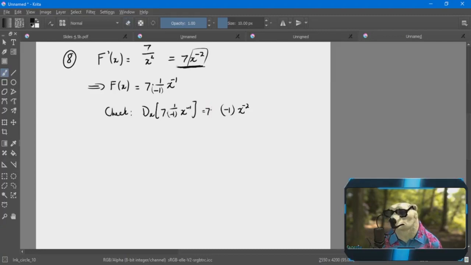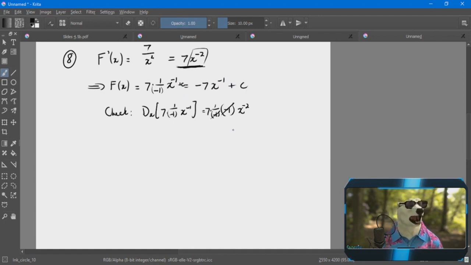Let's put the 7 over there. 1 over negative 1 cancels with the negative 1. Now I didn't need it to look like that. I could just have put a negative in front to cancel with the negative 1 popping out to get negative 7x to the negative 1. Of course, plus c, of course.